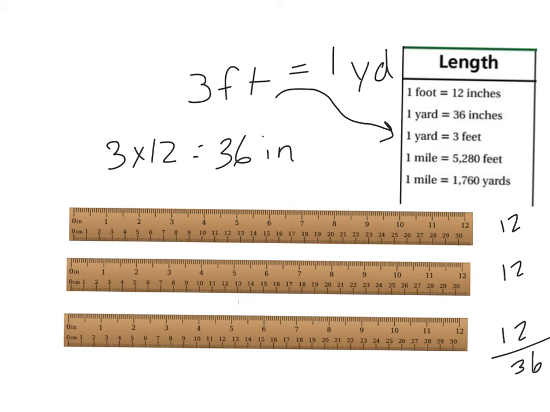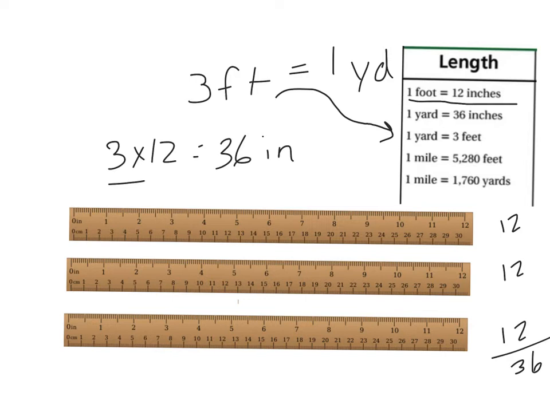But why are we actually multiplying? Well, 1 foot is a larger unit, so you end up needing a whole bunch more inches than you would for a foot. So if you know that 1 foot equals 12 inches, and you actually have 3 of these feet, you're going to then multiply it times that 12. Whenever you go from a larger unit, you're going to end up needing a whole bunch more.